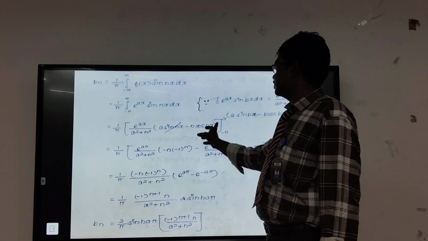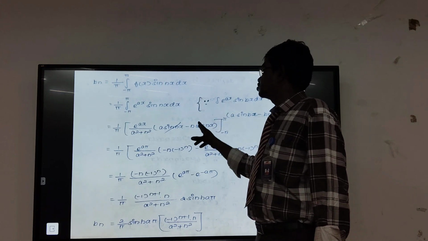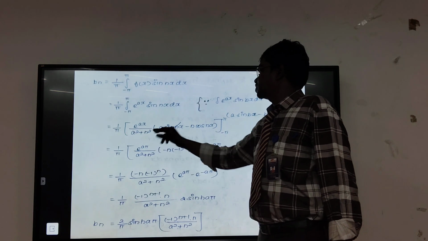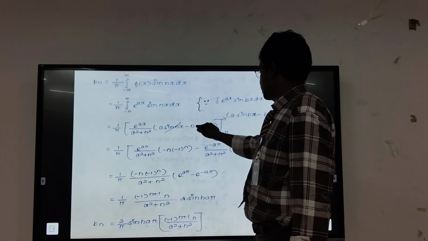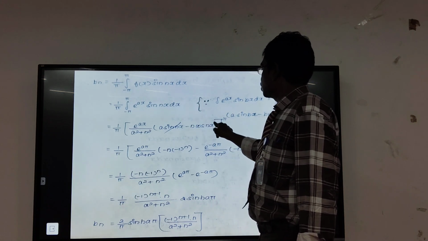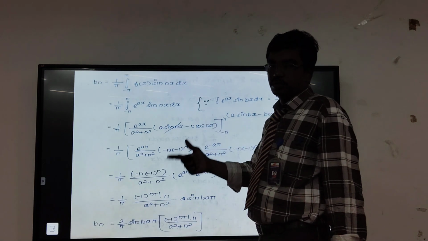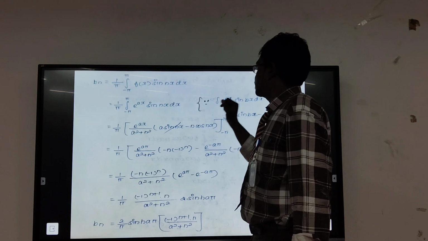The only remaining term is this. We can use the upper and lower limits here. So 1 by pi, e power ax by a square plus n square. Using the upper limit pi, that is minus n cos n pi. Cos n pi is minus 1 power n. Therefore minus n minus 1 power n.